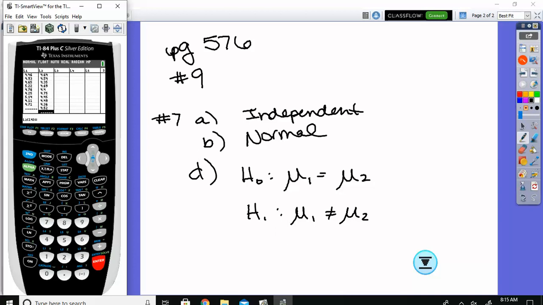What test do we go to? Good. Stat test. We're normally talking about a t-test, but I can't do the regular t-test because we have 2 different samples. So number 4 is a 2-sample t-test.